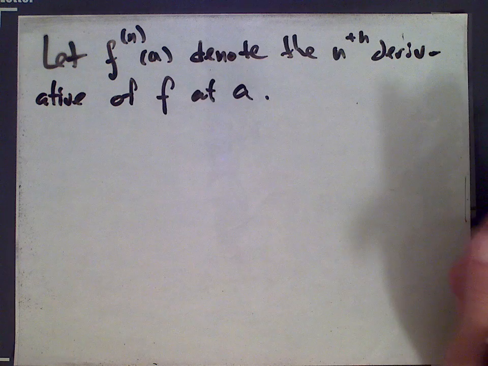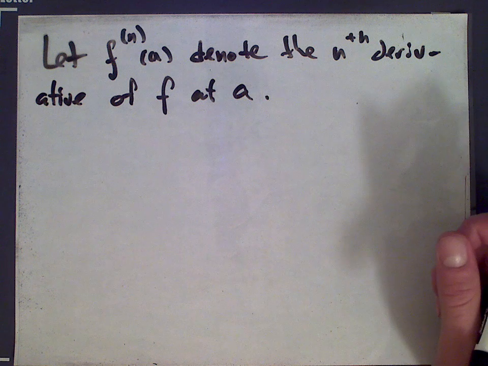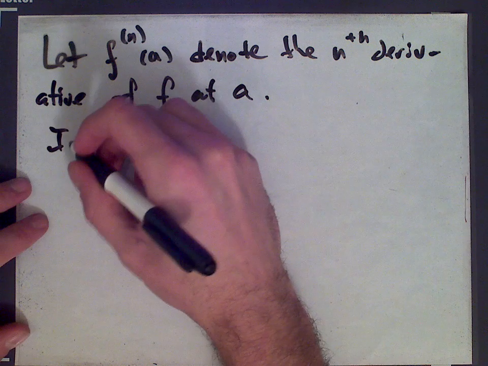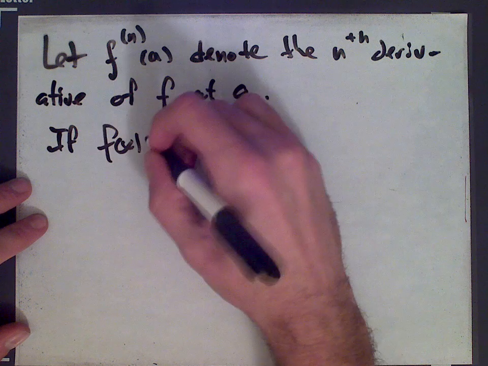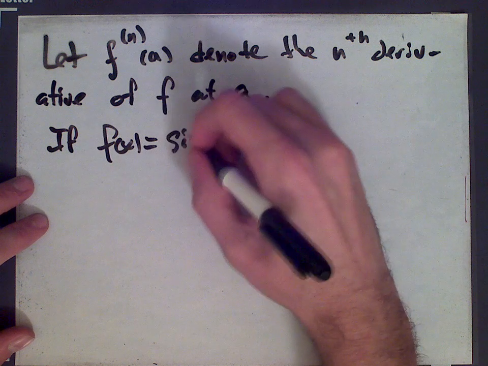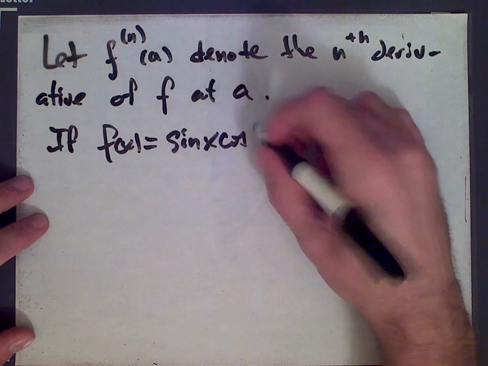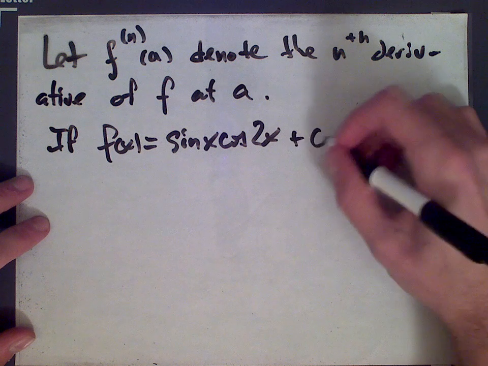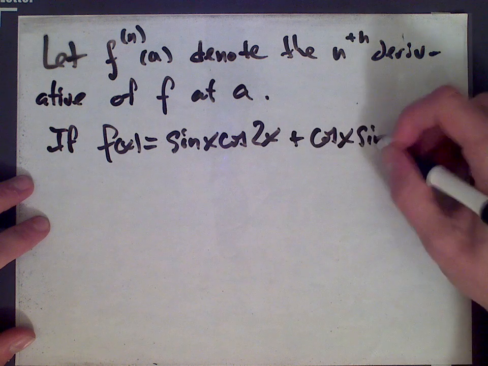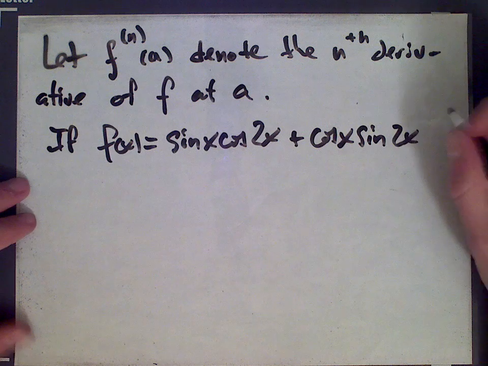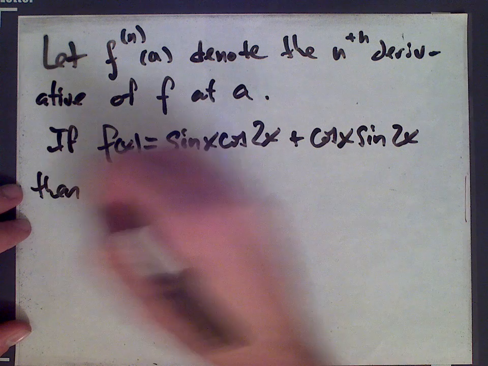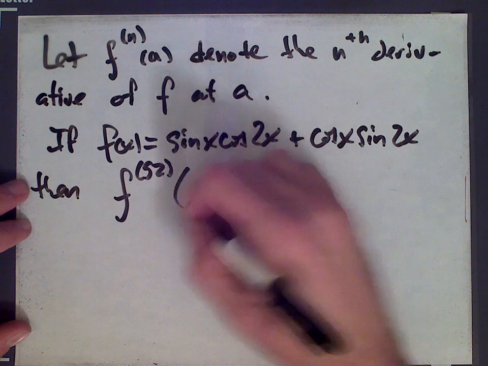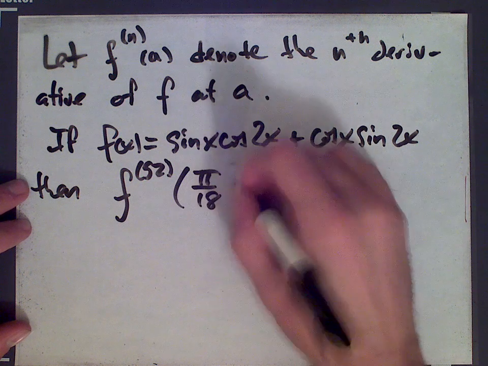So you take the derivative of f n times and you plug in a. If f of x is sine x cos 2x plus cos x sine 2x, then f to the power of 52 at pi over 18 equals what?